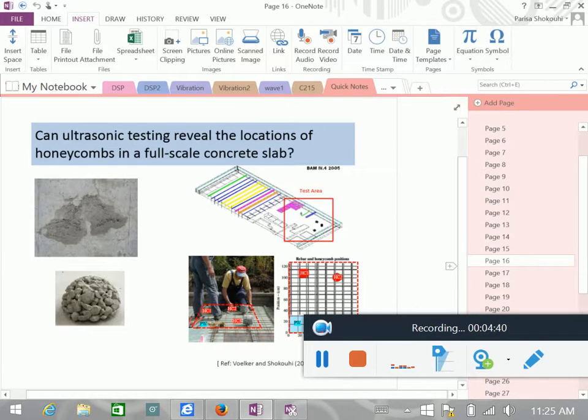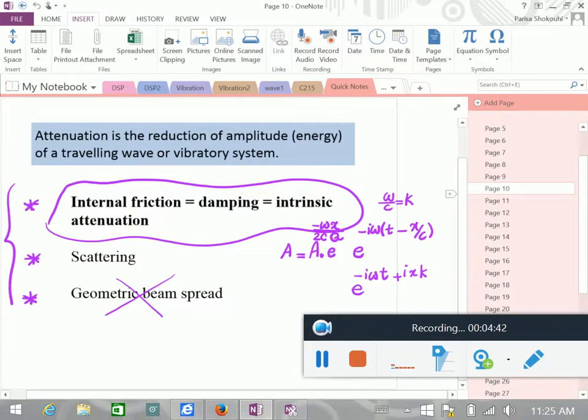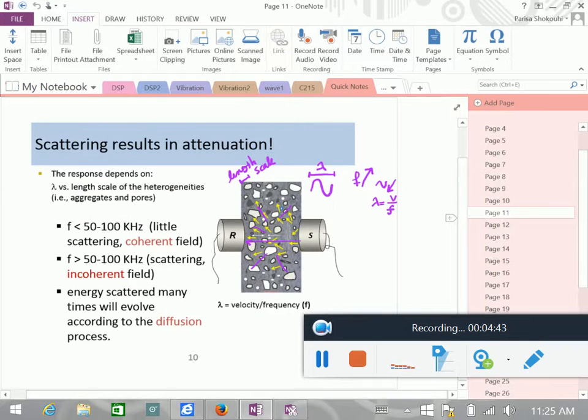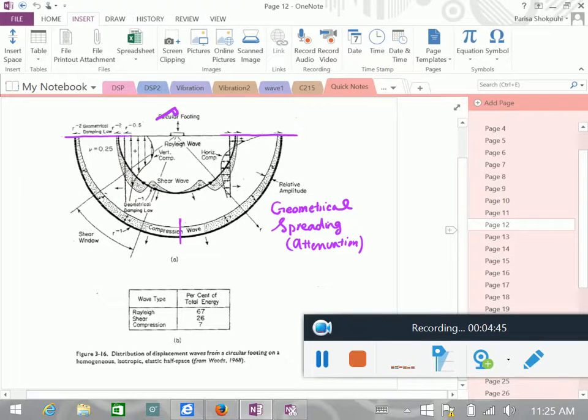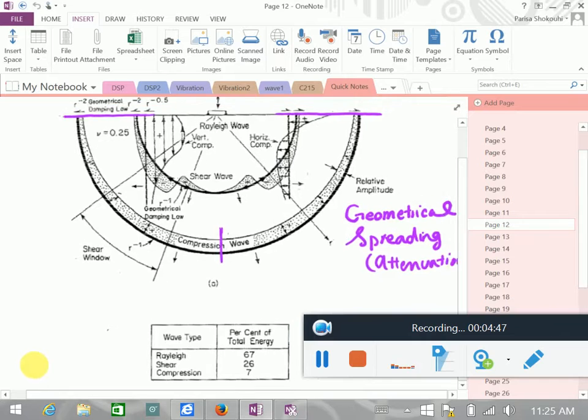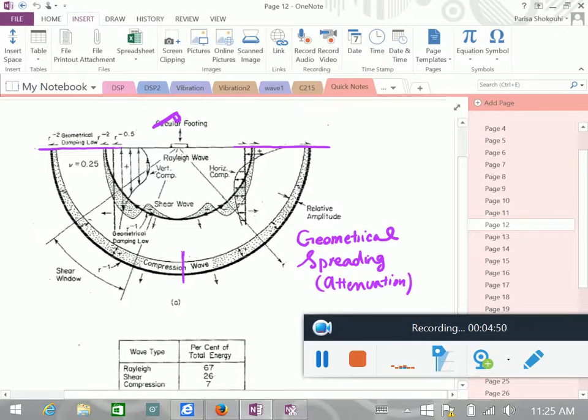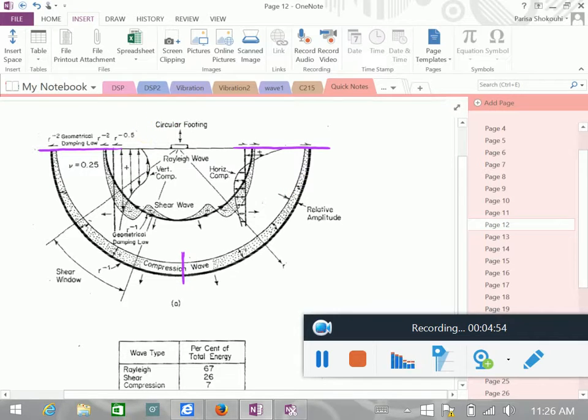Any ideas? Any discussion? So let's look at this figure a little bit more closely. I was hoping that you looked at this a little bit carefully at home, and we can do it now together.